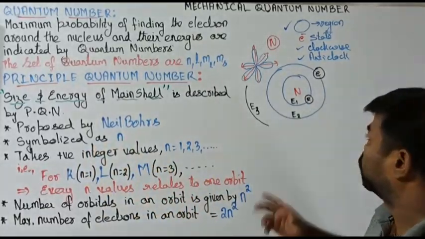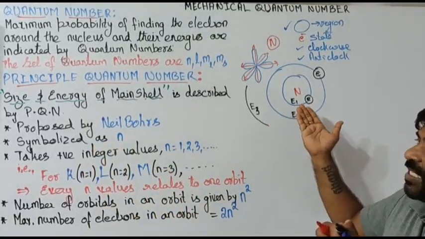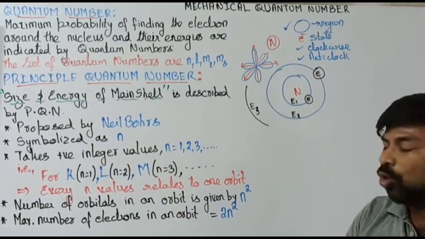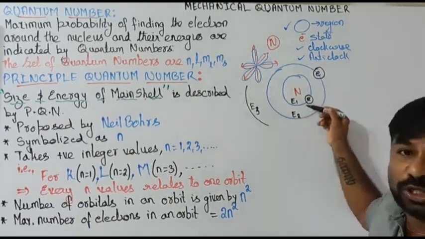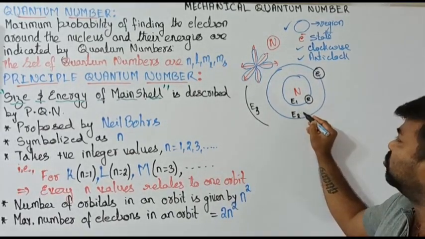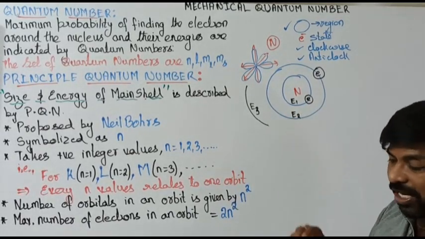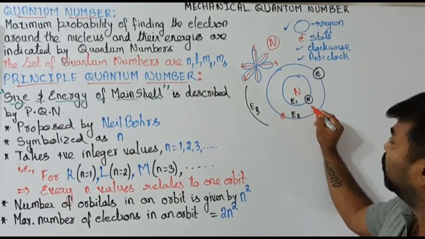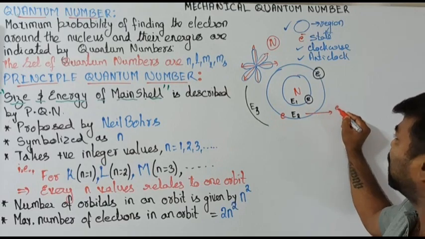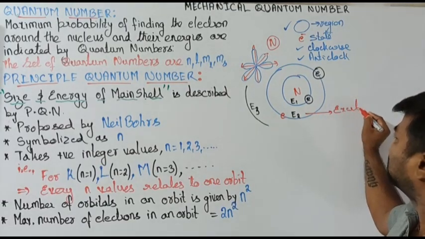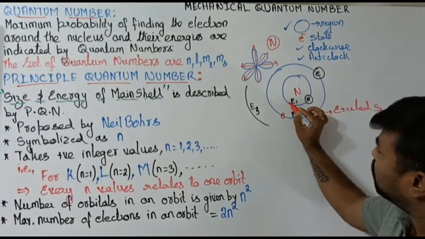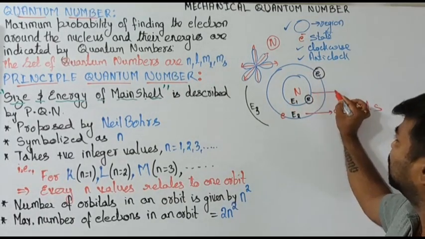Let me come back to this one. Suppose I take the first orbit and the second orbit as an example of these two orbits here. This I like to take as the excited state. Suppose an electron is present right here, in the excited state, and here let me take this orbit as the ground state.